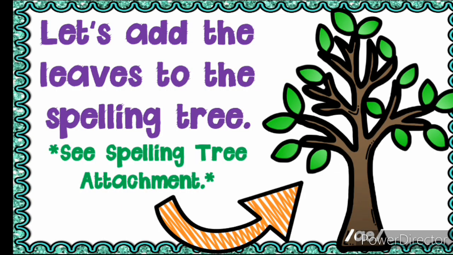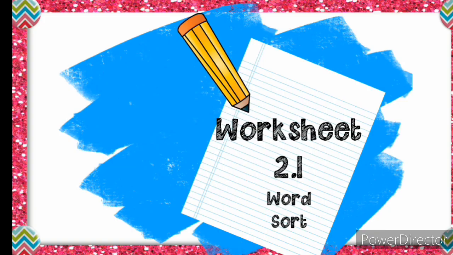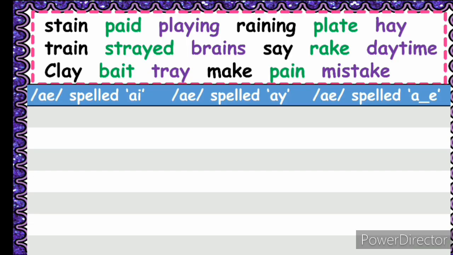Now let's add the leaves to the spelling tree. See spelling tree attachments. Now remember your worksheet 2.1 word sort. Now we are going to be sorting these words under each sound and their spelling.